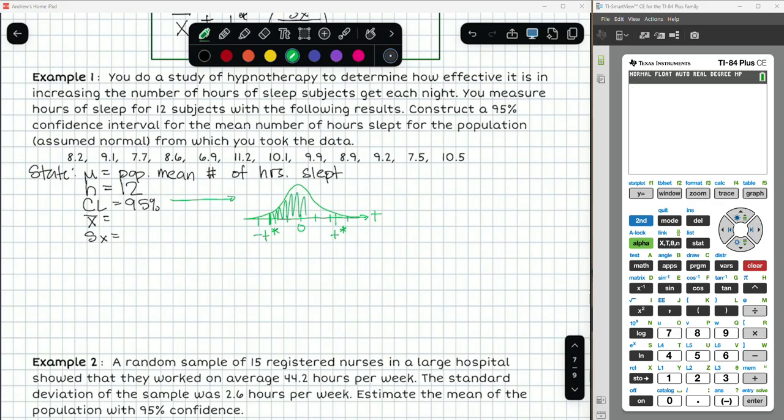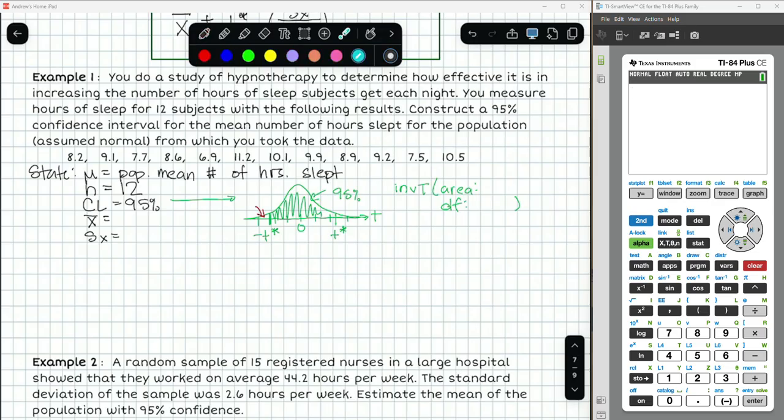I know that 95% sits in the middle, but inverse t doesn't care about the middle. Inverse t cares about area to the left. It's only going to ask us for two things, area and degrees of freedom. So what I need is I need to figure out the area down here.